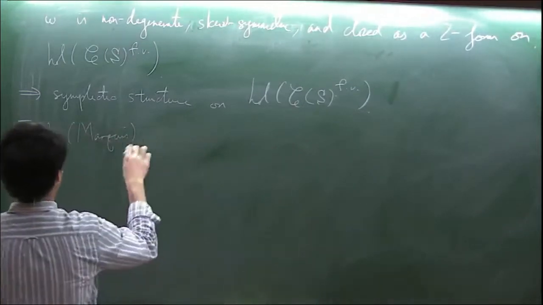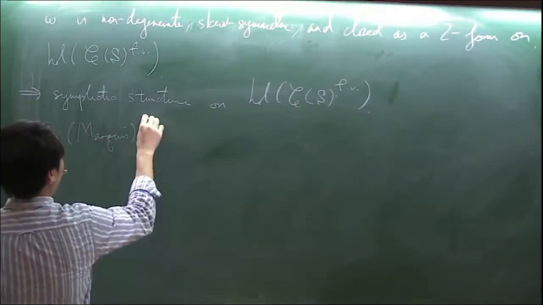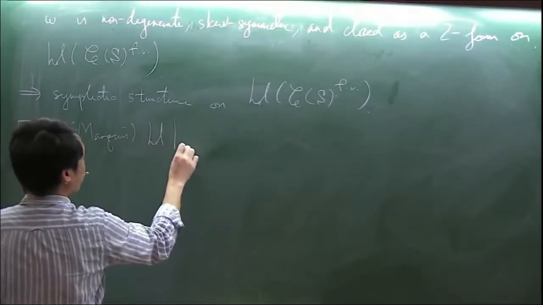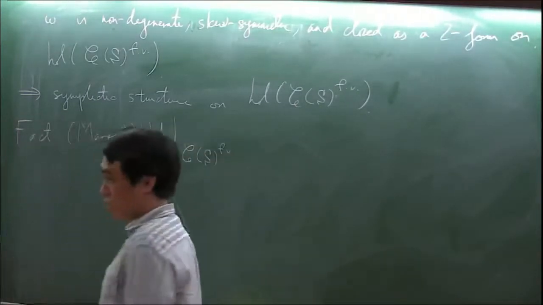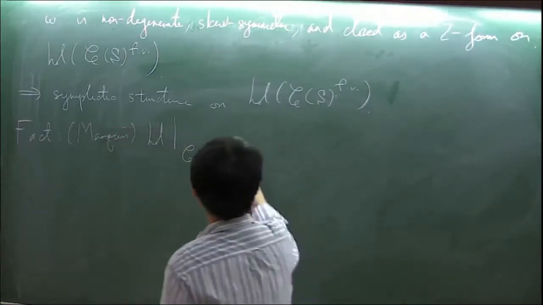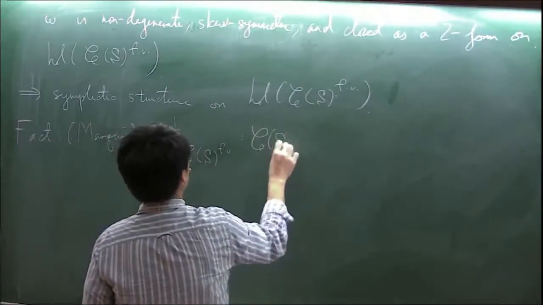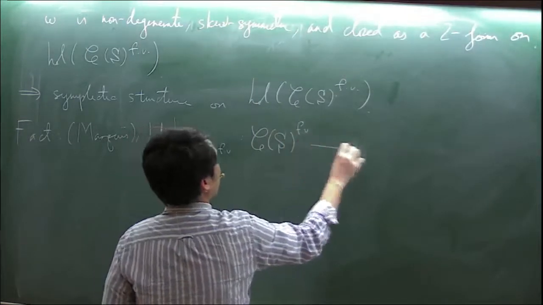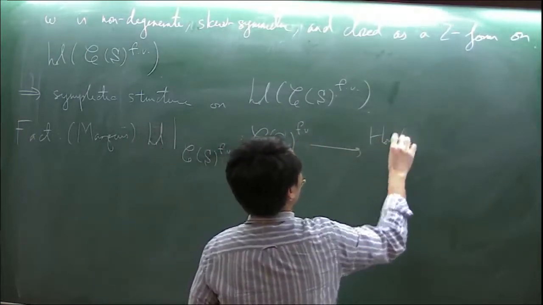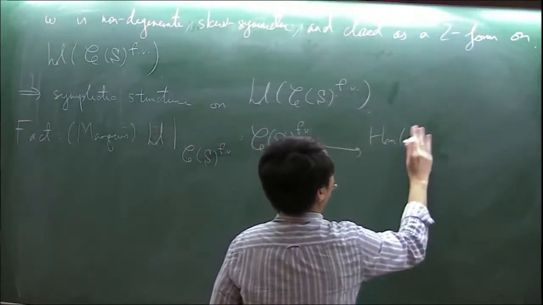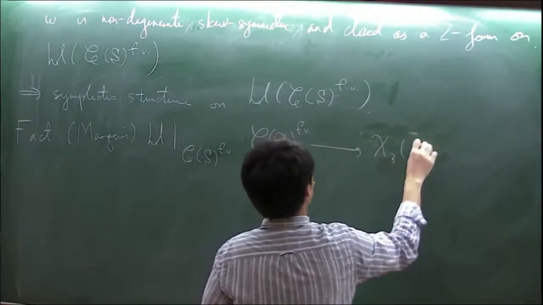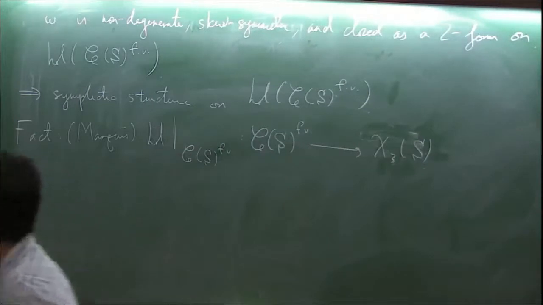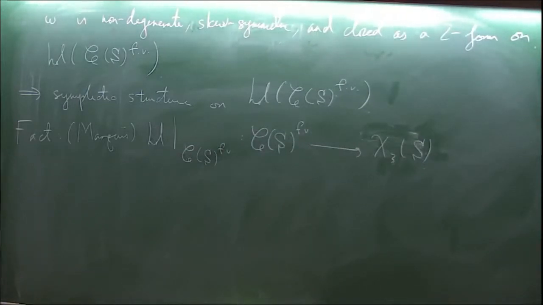So the fact here is that the holonomy map, when you restrict it to the finite volume convex RP2 surfaces, goes to the space of homomorphisms from gamma, from pi1 of S, to PGL3R.